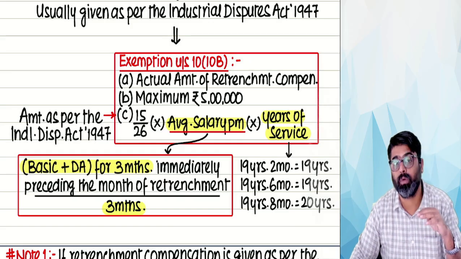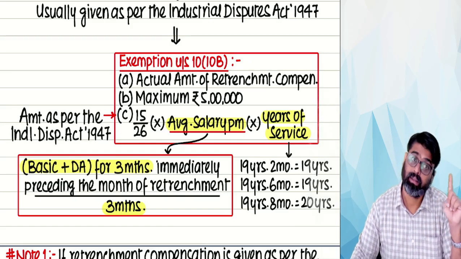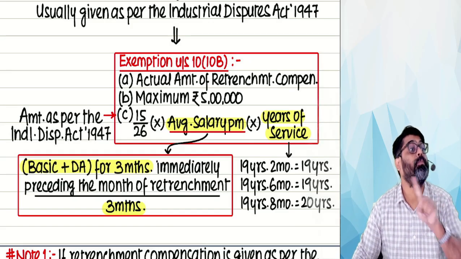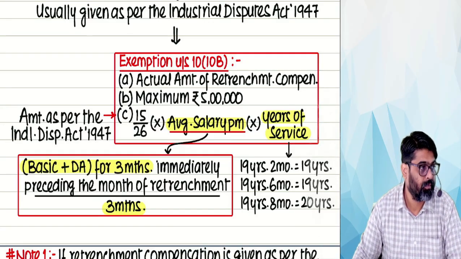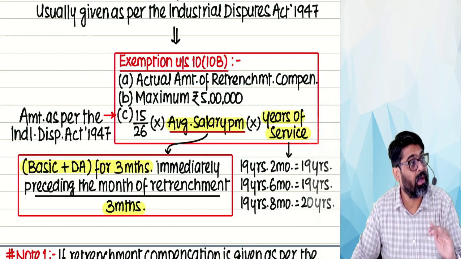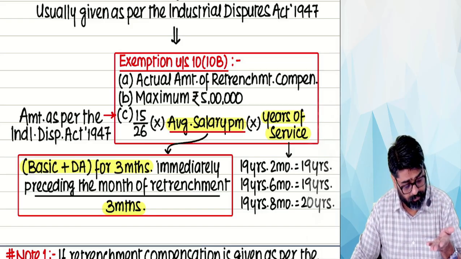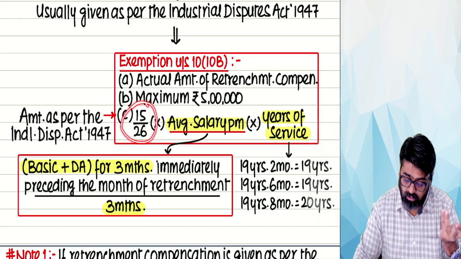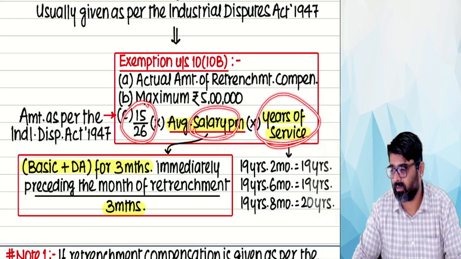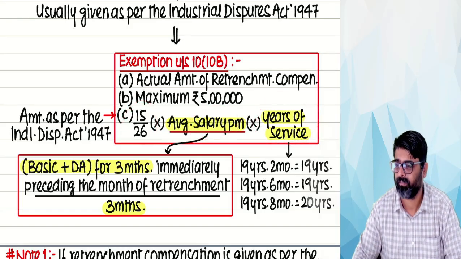Now we'll go to the Industrial Disputes Act, and that law says how much compensation should be given. The compensation fixed by the Industrial Disputes Act is 15 by 26, your salary into years of service. Have you seen a limit like this?